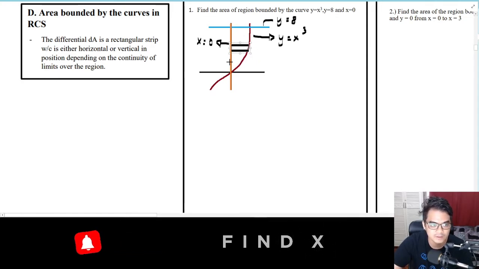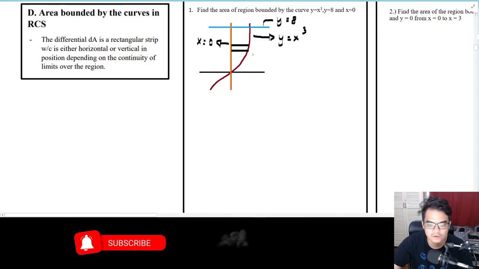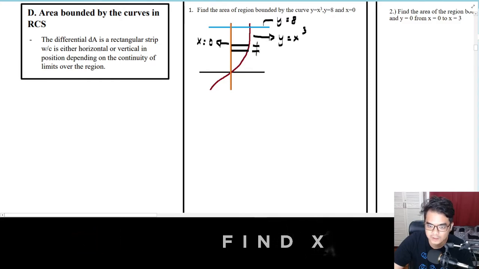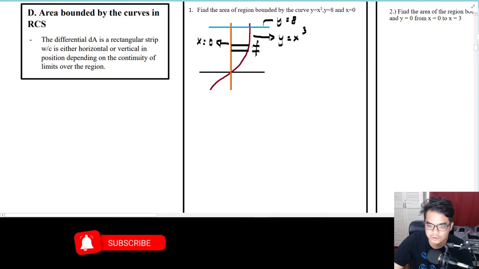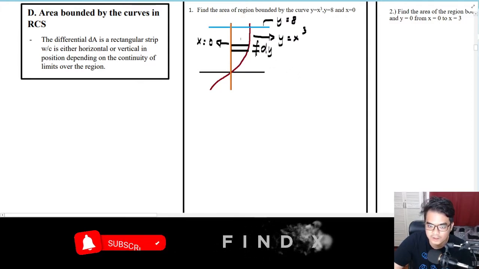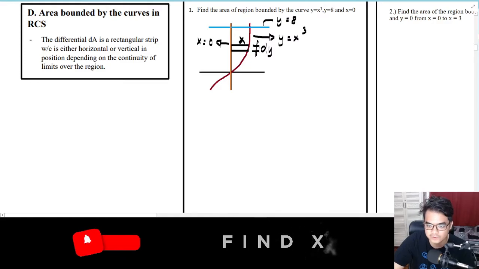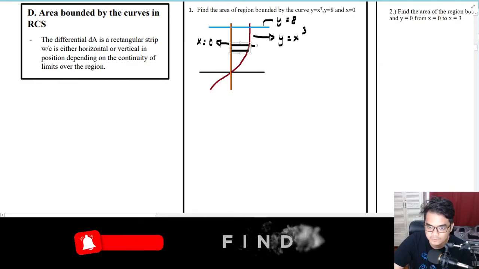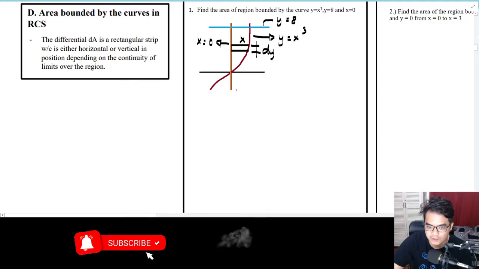If that is a rectangular strip, as you can see, this element here will be your dx, no, dy, and then this length will be your x. So this length will be your dy, and this length will be your x.